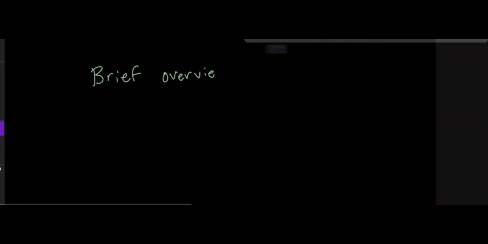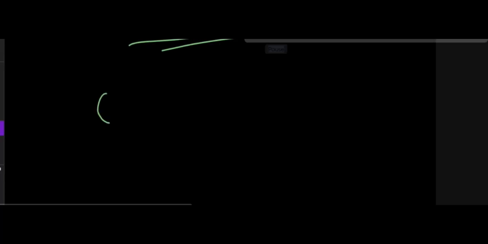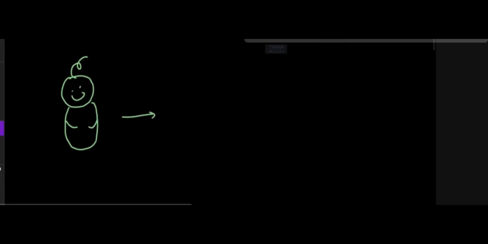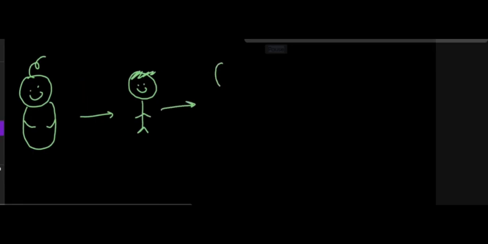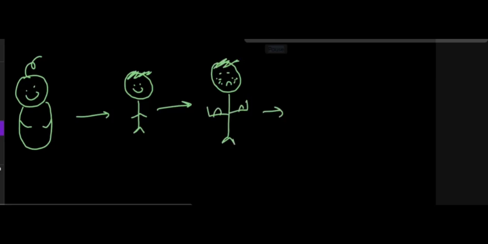Alright, so we're going to start with a brief overview of what testosterone signaling is. Testosterone signaling is required for a human to have full reproductive potential. It is the main sex hormone in males, which is responsible for masculine characteristics and male growth. Signals are sent from the brain to the pituitary gland at the base of the brain, which is responsible for controlling the production of testosterone in large quantities for males.